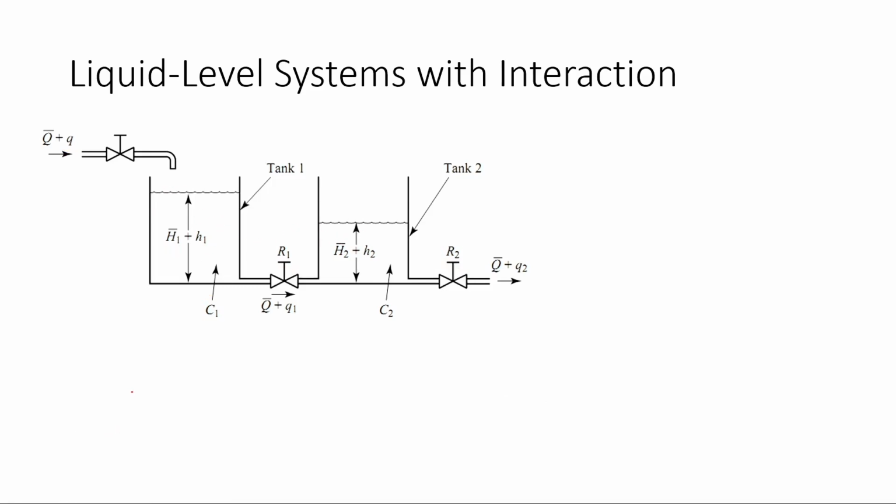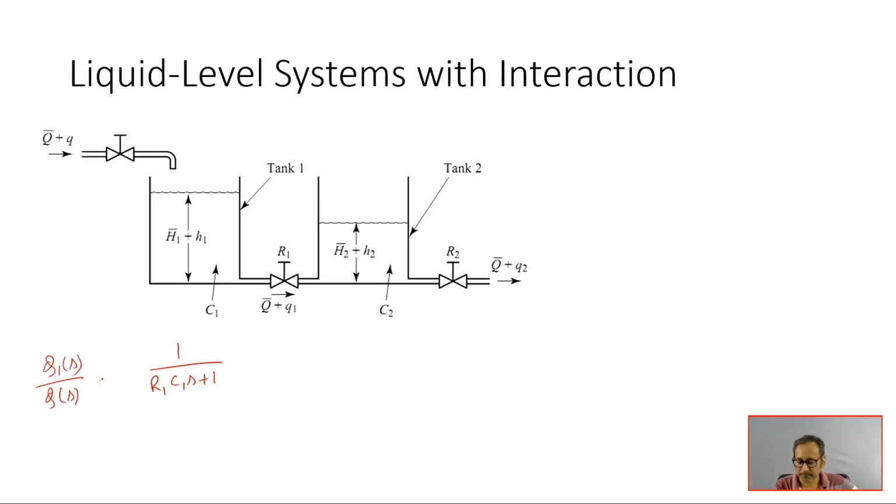What is the transfer function of this first tank? First tank is 1 by R1 C1S plus 1, that is the transfer function of this first tank, that is equal to Q1S by QS. And what is the transfer function of the second tank? That is Q2S by Q1S, 1 by R2 C2S plus 1.